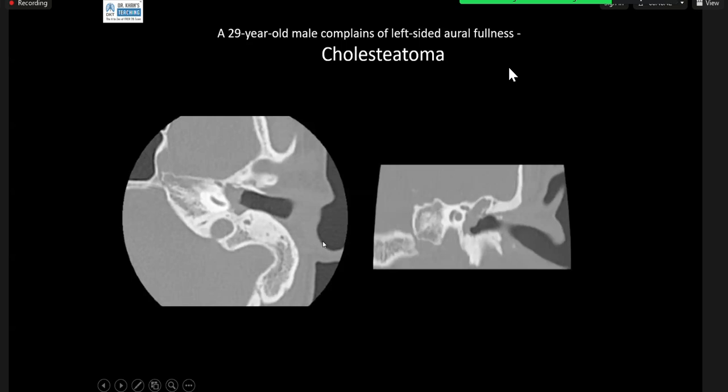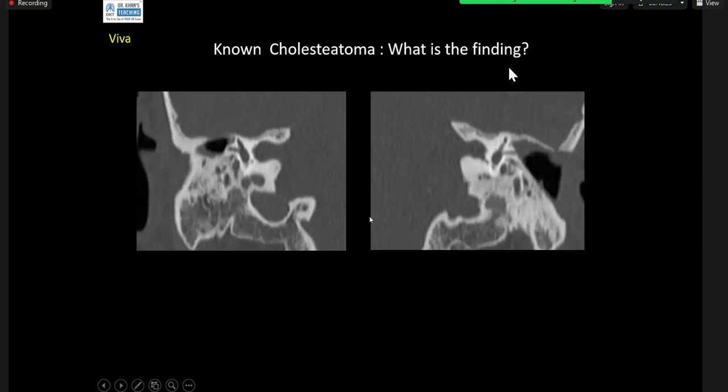This is a case of cholesteatoma where you can see this opacity which is completely replacing the middle ear cavity, and it is causing erosion. Where are the ossicles? The ossicles are gone, that is erosion, and there is an opacity which is completely replacing it. This is the key thing which I want you to remember: the lateral semicircular canal.